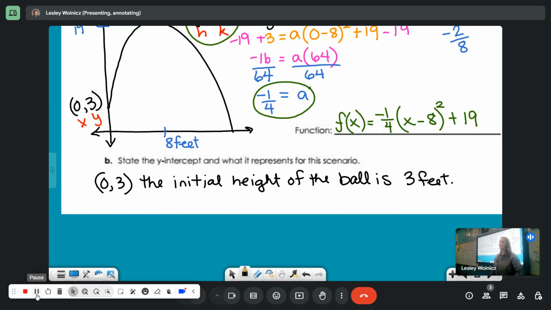Okay, can we just really quick before we flip go over some of the transformations in these graphs? So what does the negative a value do to my function? Okay, reflects it over the x-axis. Okay, what does the 1/4 do?